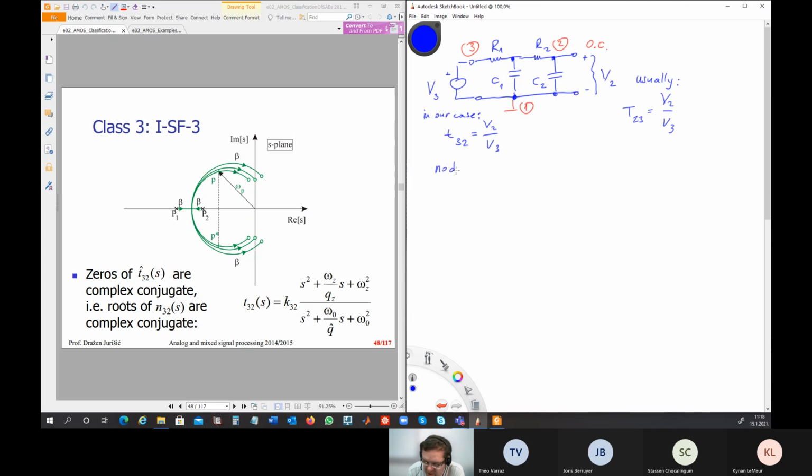Okay, we can write very quickly nodal equations for nodal voltages.